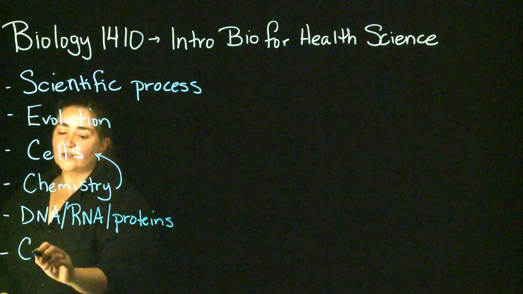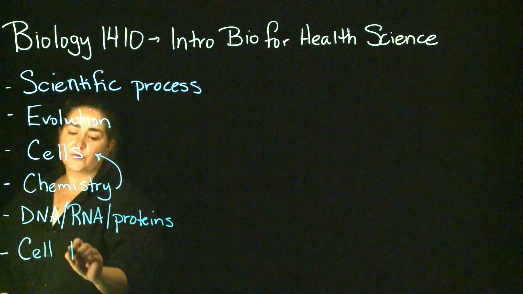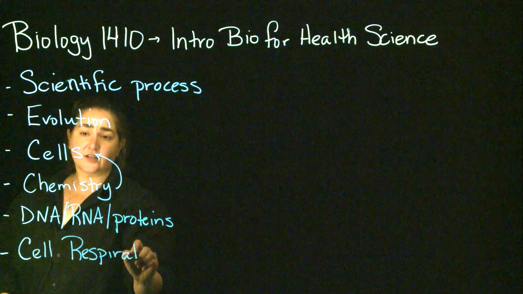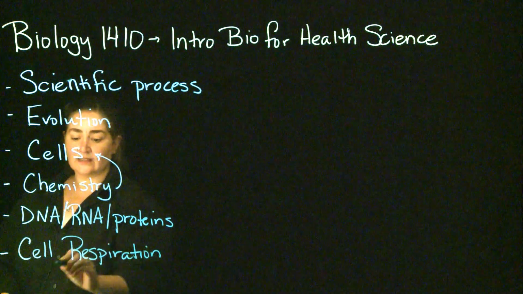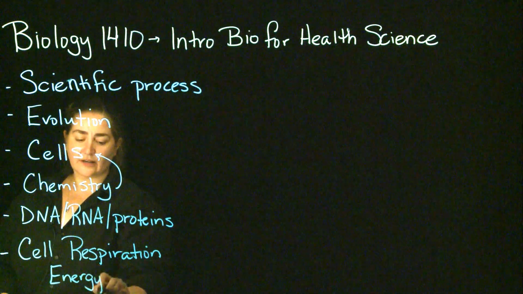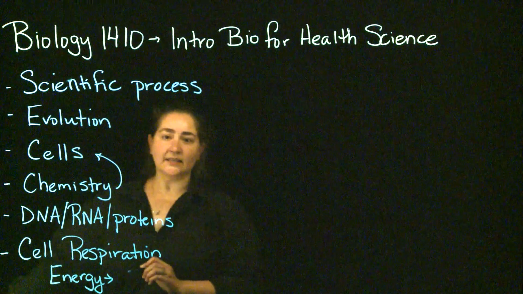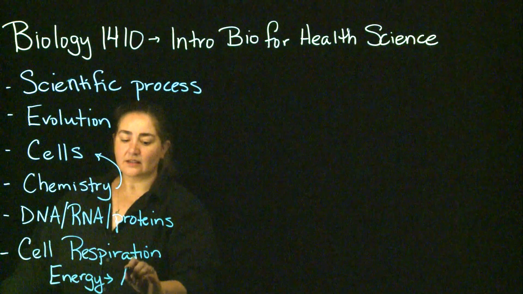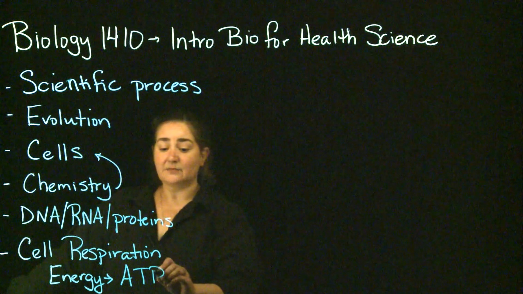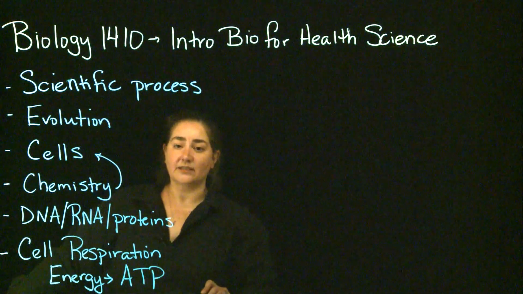We are also going to focus on cellular processes like cellular respiration and how cells get energy, all right? I'm going to give you a little hint here at the beginning. The energy that cells are going to use is primarily going to be ATP, or adenosine triphosphate.